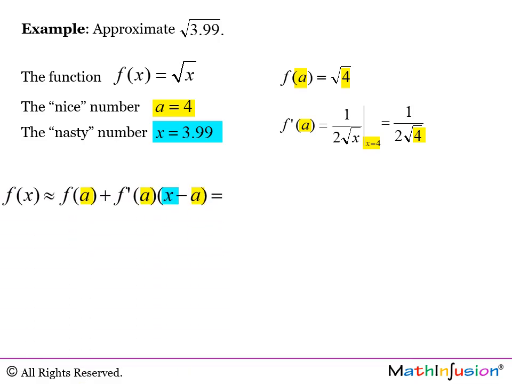And here's the formula. Again, f of x can be approximated by whatever is written here. It's just the tangent line to the curve y equals square root of x at a equals 4. We substitute everything.